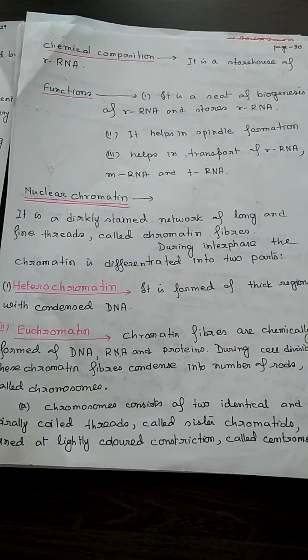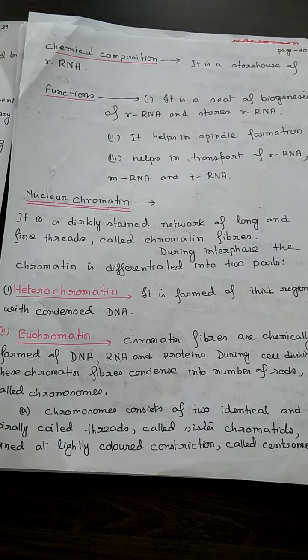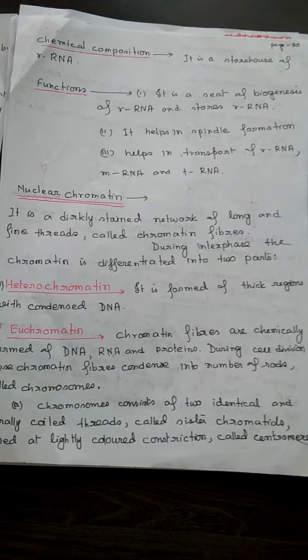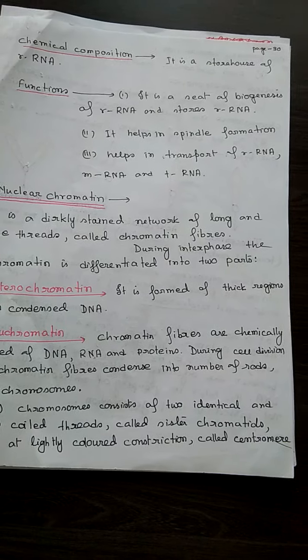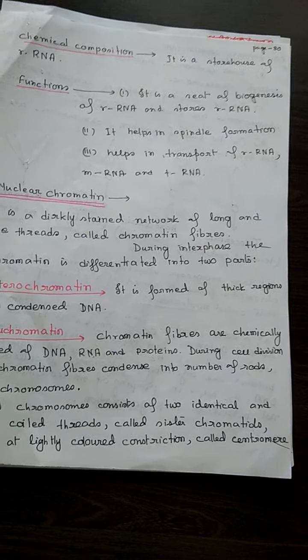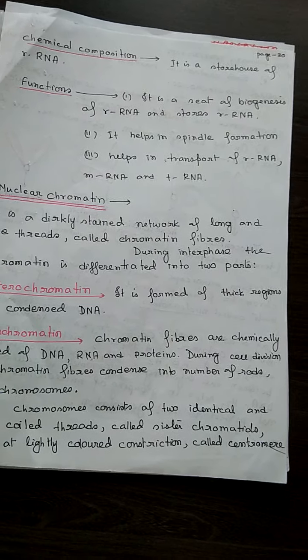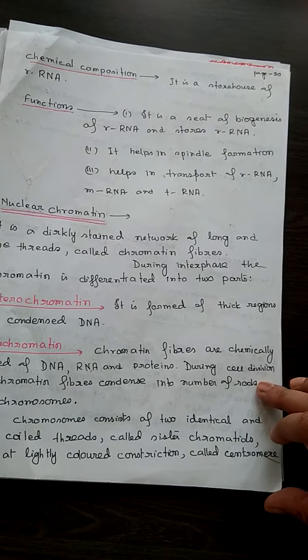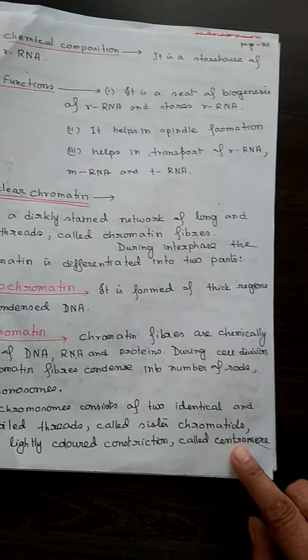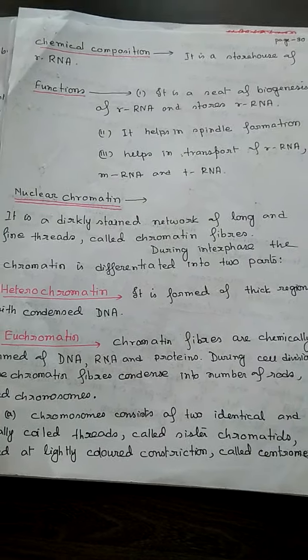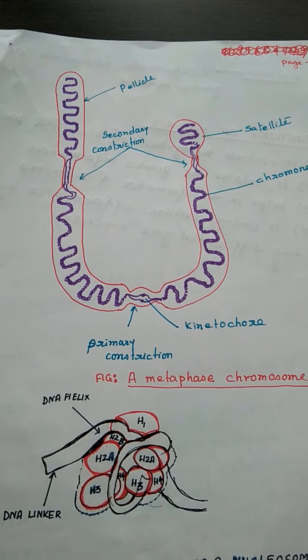Now, let me describe the structure of the chromosome. A chromosome consists of two identical and spirally coiled threads, which are called sister chromatids, joined at a lightly colored constriction called the centromere. Okay, so see the structure.